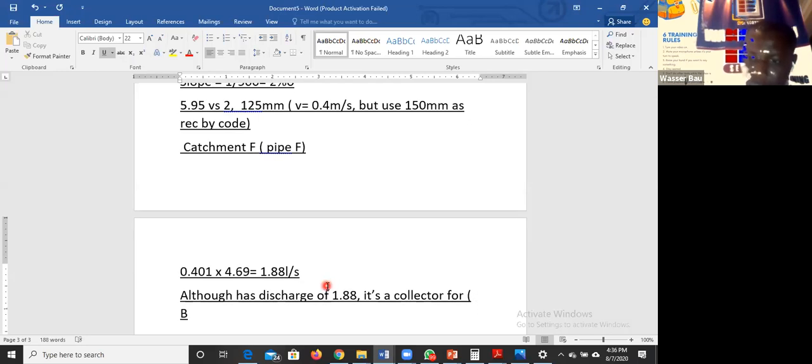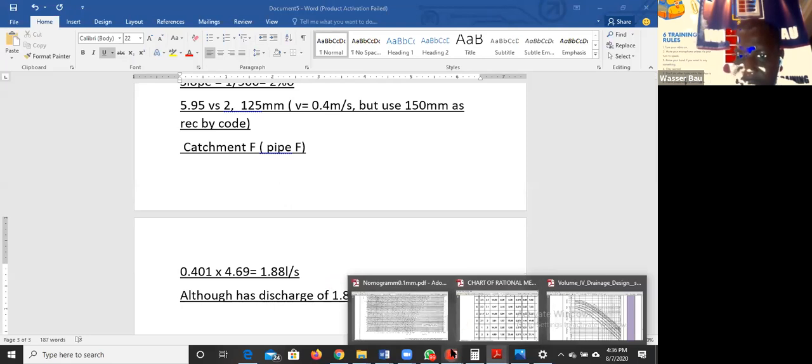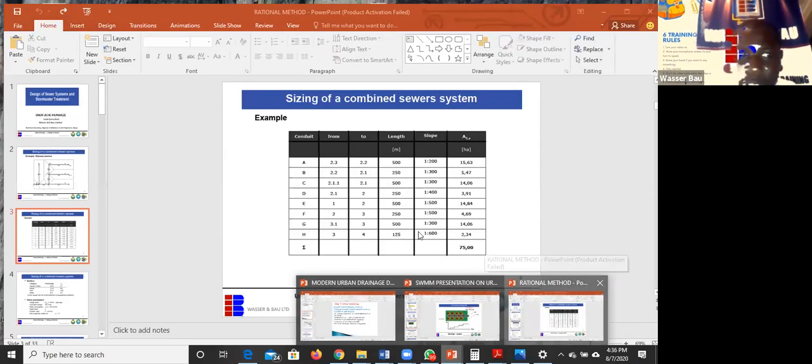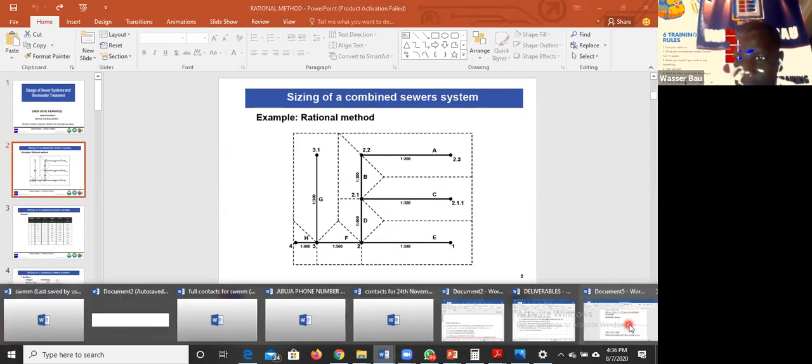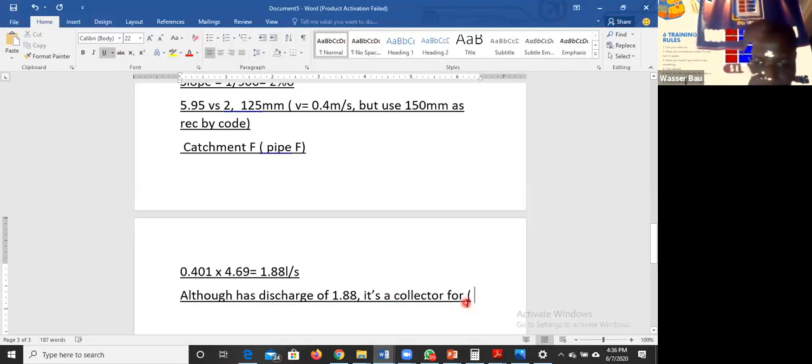I will simply say it's a collector for those closest to it. I'll say it's a collector for D and E, knowing fully well that D already has B and C inside it. So it's a collector for D and E.